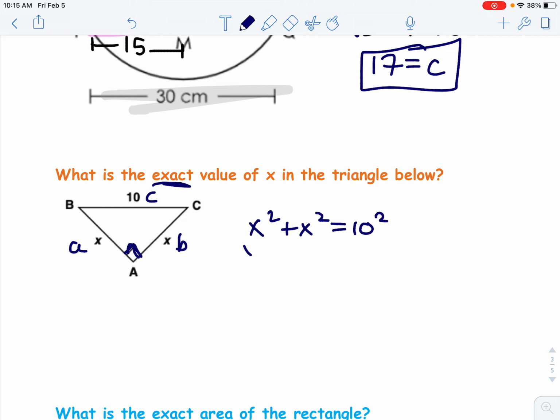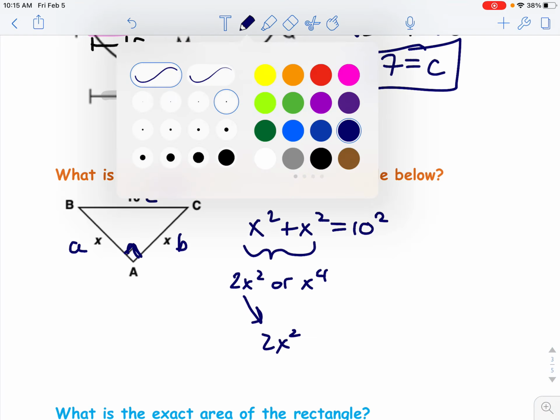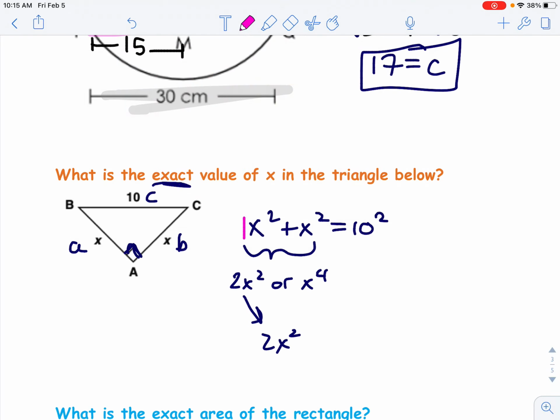And remember, we talked about in this video yesterday, is this 2x squared or x to the power of 4? It's 2x squared. Remember, it's just combining like terms like how this is a 1x and a 1x. Since it's a 1x squared and a 1x squared, it becomes 2x squared.